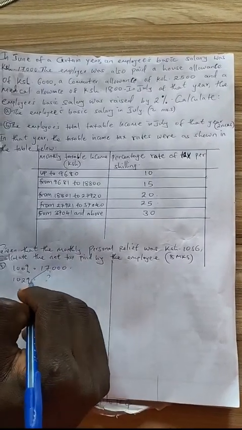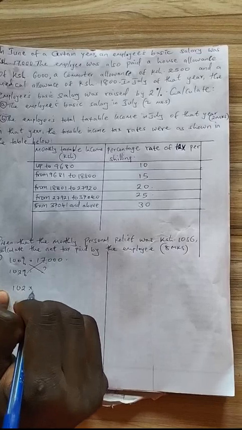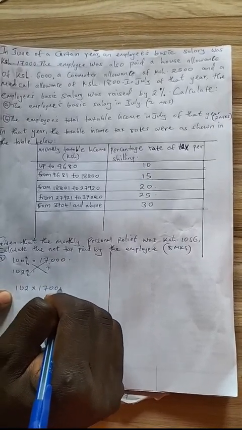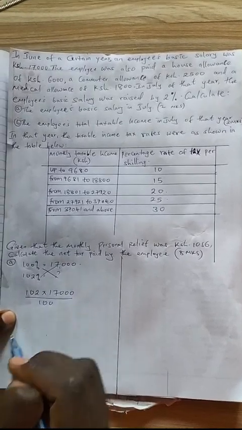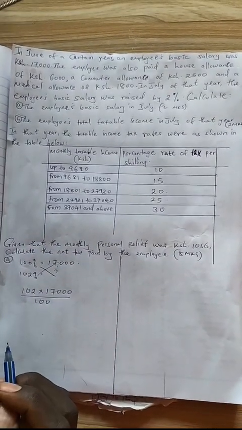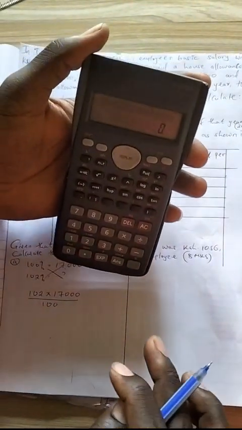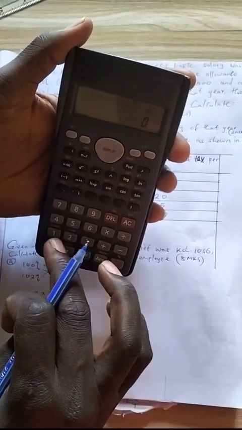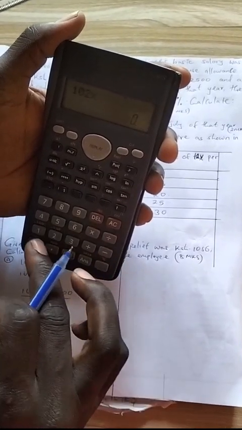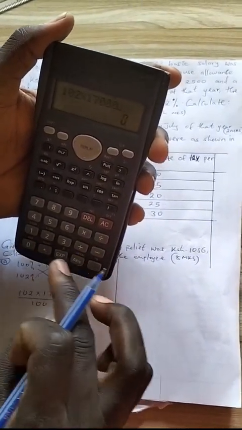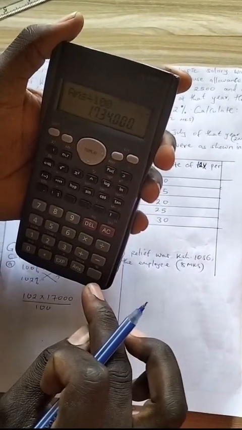We do cross multiplication. We multiply 102 times 17,000 and divide by 100. So you pick your calculator and we cross multiply 102 multiplied by 17,000 divided by 100.